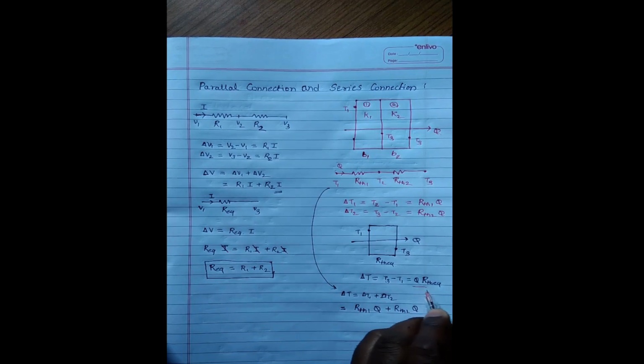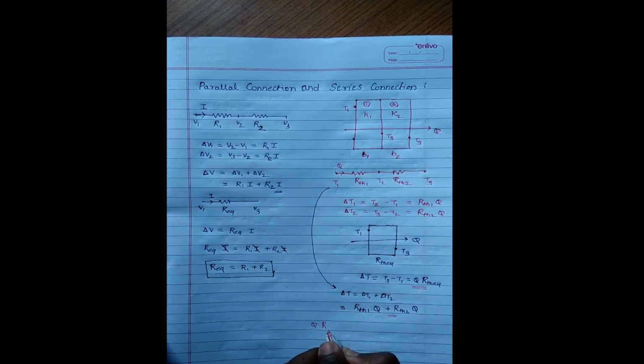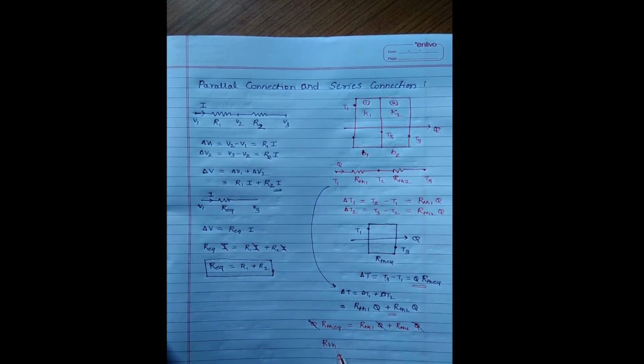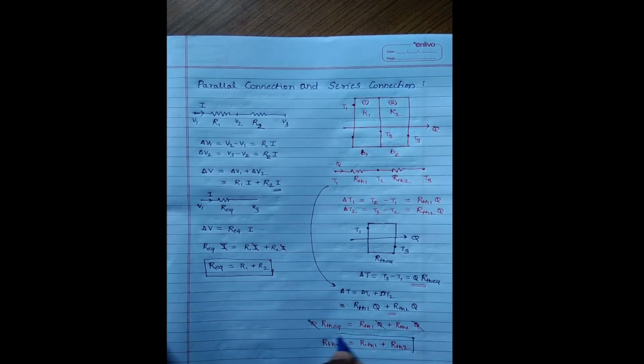Substituting this value of delta T in this equation, we get Q into R thermal equivalent is equal to R thermal 1 into Q plus R thermal 2 into Q. Now Q is the same in all terms, so we divide this equation by Q. We get R thermal equivalent is equal to R thermal 1 plus R thermal 2.